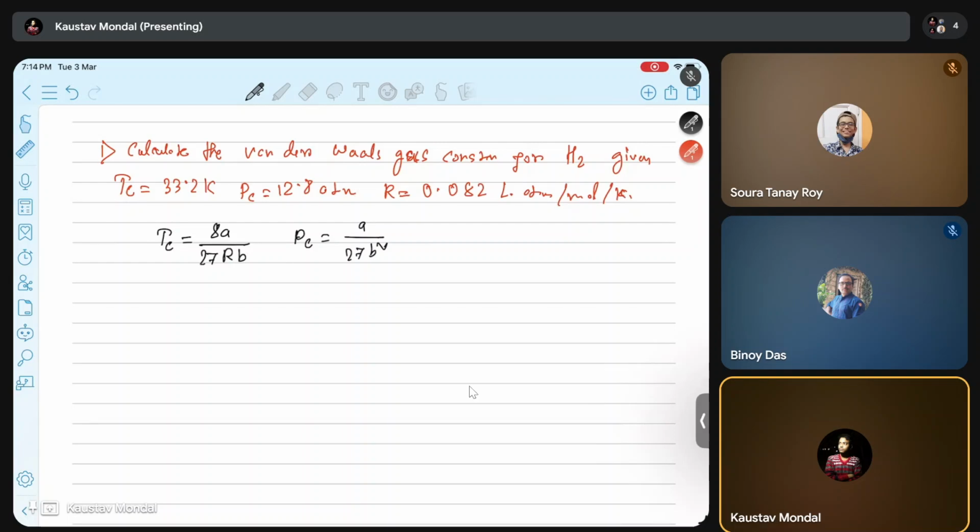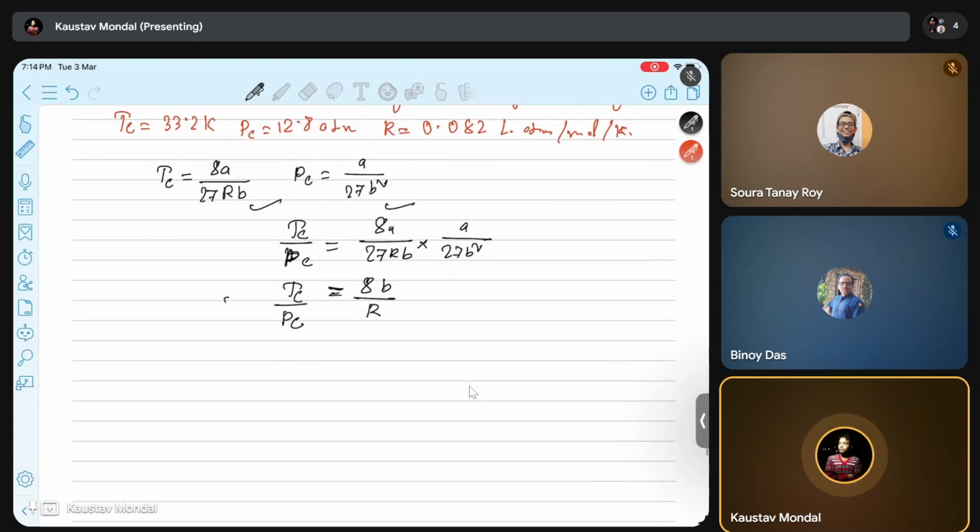From these two equations, if you take the ratio of TC and PC, you get 8A by 27RB into 27B square by A. Now from here you can write this as 8BR. So you can easily calculate the value of B, which would be simply R into TC by PC.